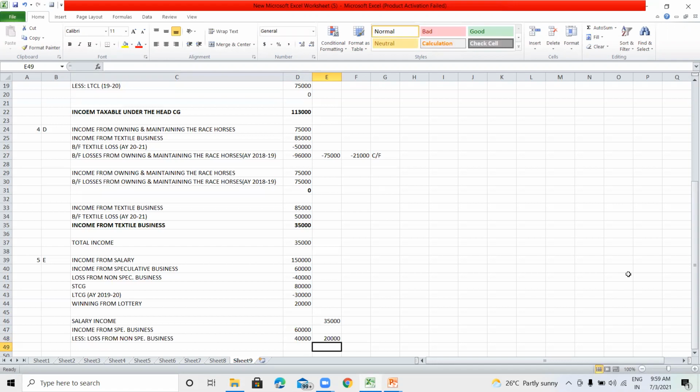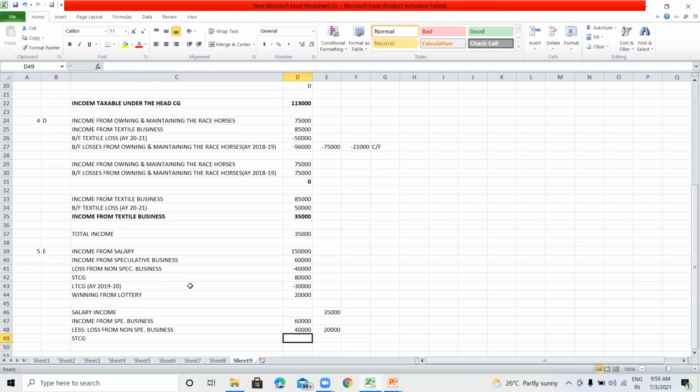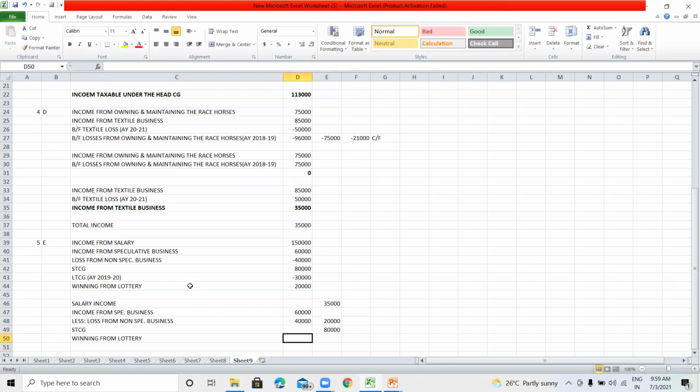20,000 only. There is the short-term capital gain, which is 80,000 rupees. We cannot adjust the long-term capital loss with the amount of short-term capital gain, so it will be carried forward. And there is another item, winnings from lottery, which is 20,000.